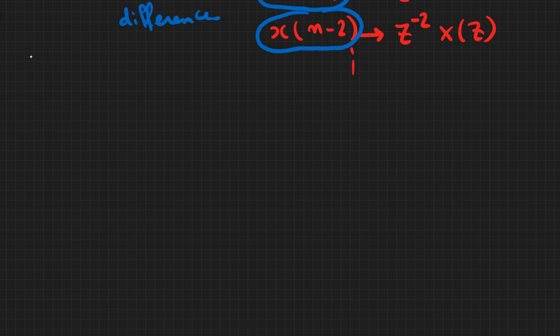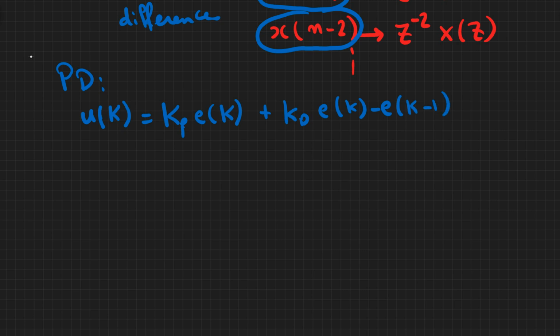So if we go back to our proportional derivative controller, if you remember, in discrete time it was something like this. We had u of k equal to kp times e of k, plus kd times e of k minus e of k minus 1 divided by the sampling time t.